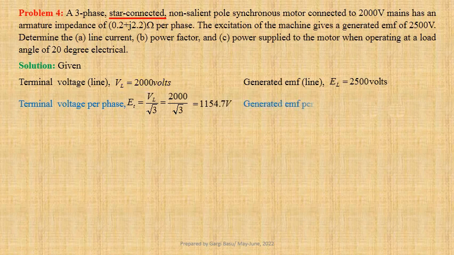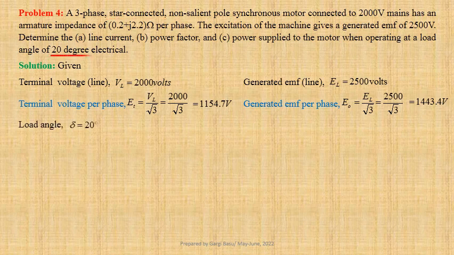Generated EMF per phase E0 equals EL by root 3, that is equal to 2500 divided by root 3, that gives us 1443.4 volt. Given load angle delta equals 20 degree electrical.